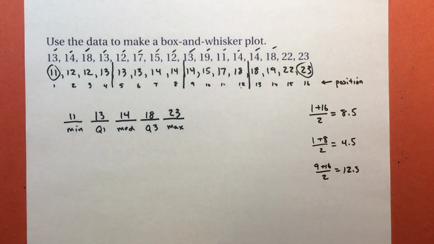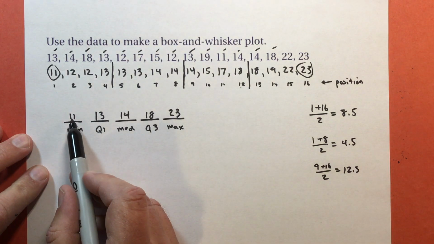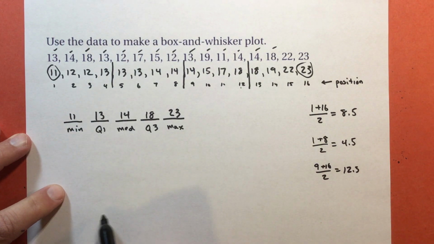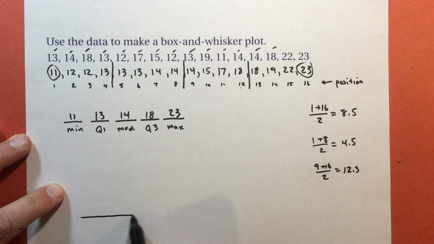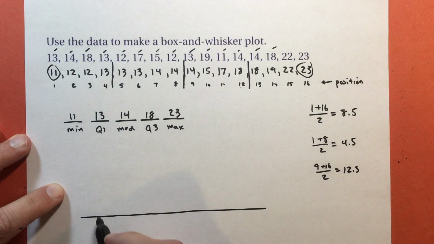All right, now I need to draw my box and whisker plot. Again, graph paper would be nice. I don't have graph paper to use, so I'm going to draw a number line. The number line has to include 11 to 23. Like I said, I like some margins on my graph.